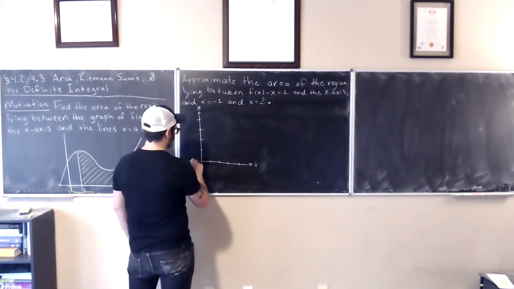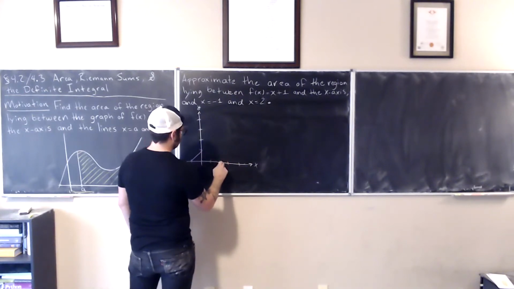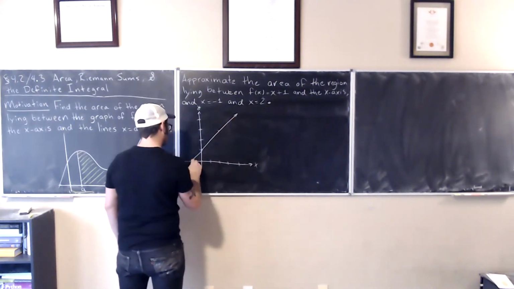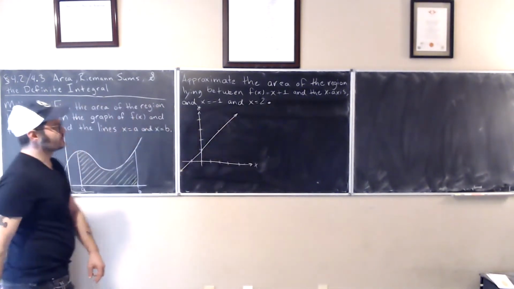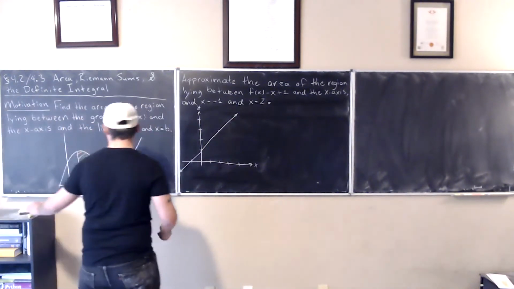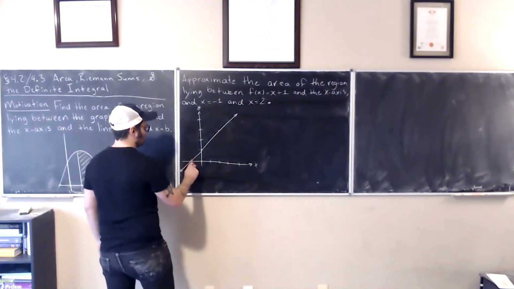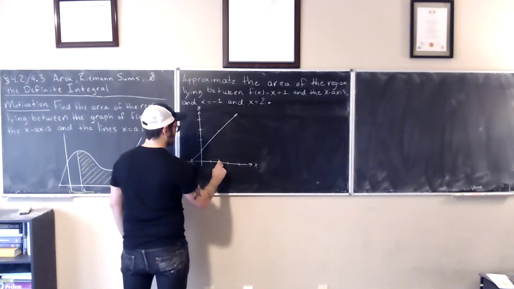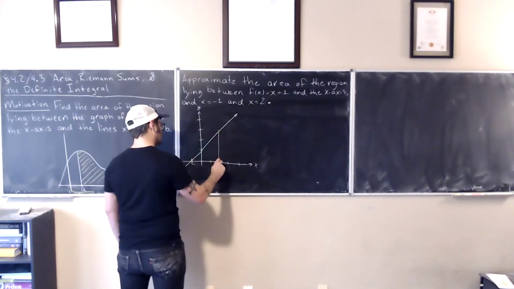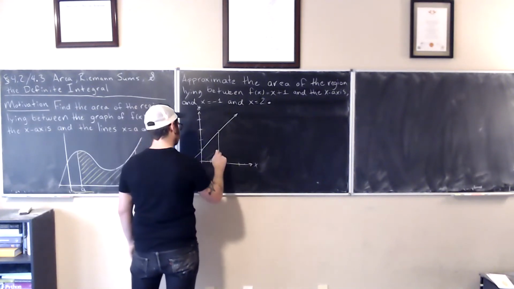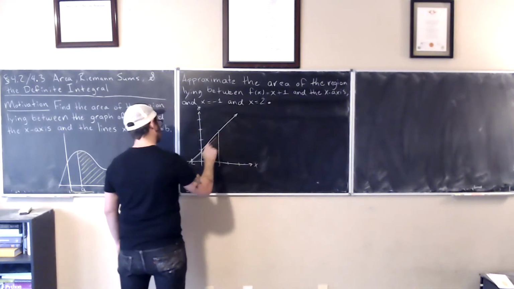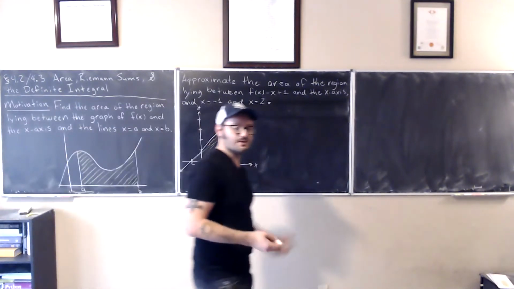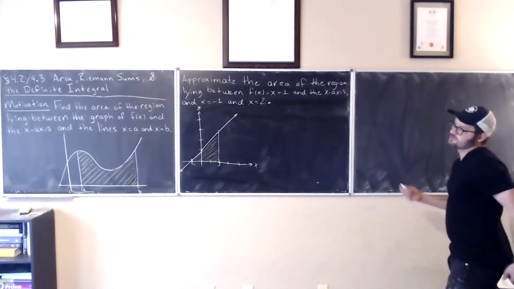So this graph looks like this. So there's the graph of our function, and we want to know the area enclosed from -1 to 2. That area. Now we can find out the area of this without using a rectangle.